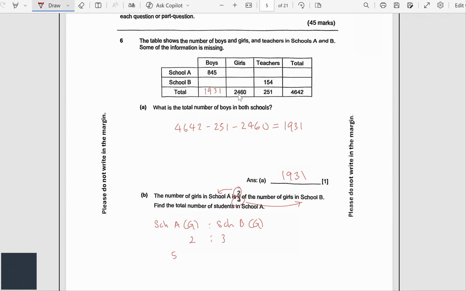So 5 units equals 2460. I'm interested in the girls in A, because I want the total number of students in A, right? So for A it is 2 units. So we find 1 unit, then 2 units.